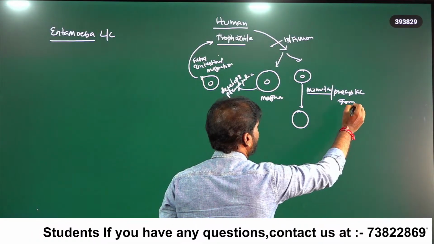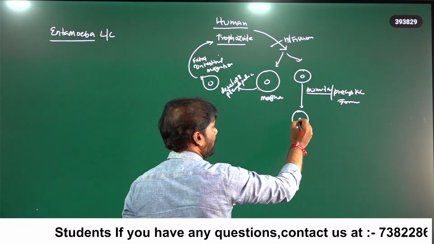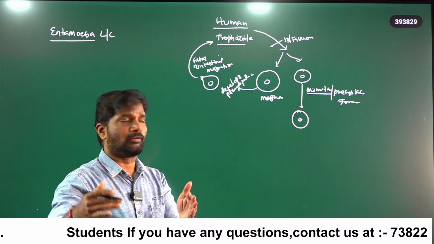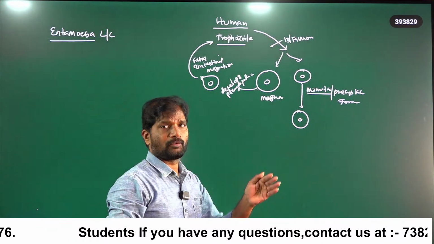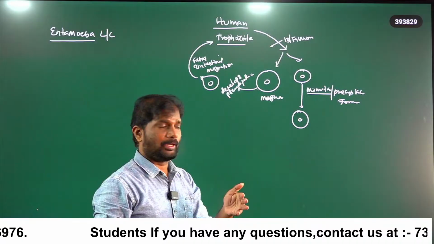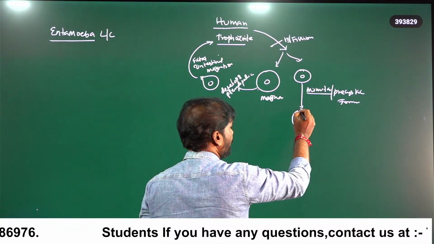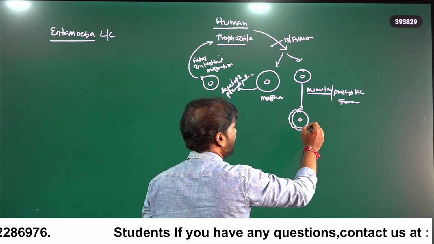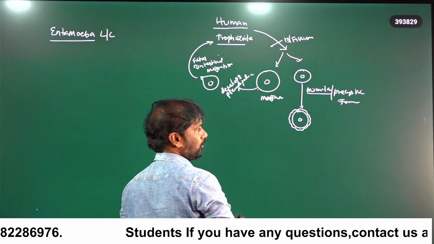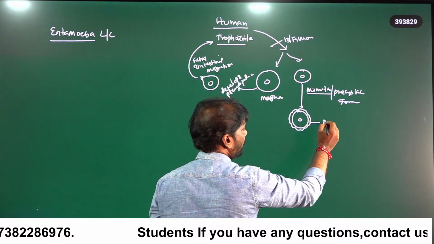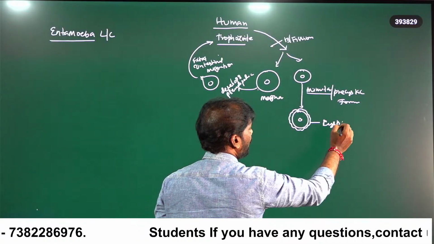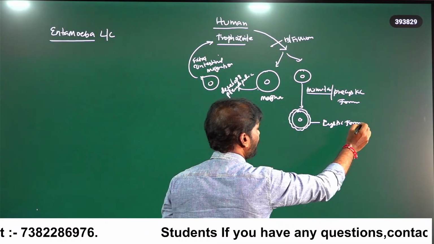In further development, this pre-cystic form develops the cyst. So here it is known as the cystic form.